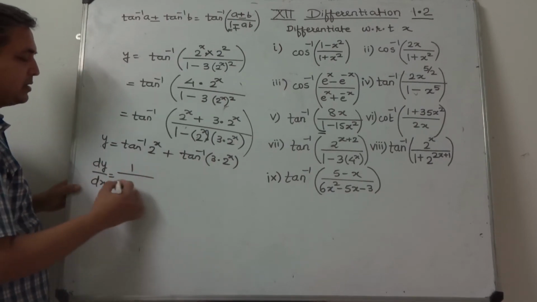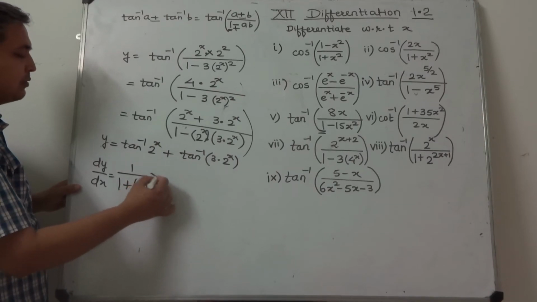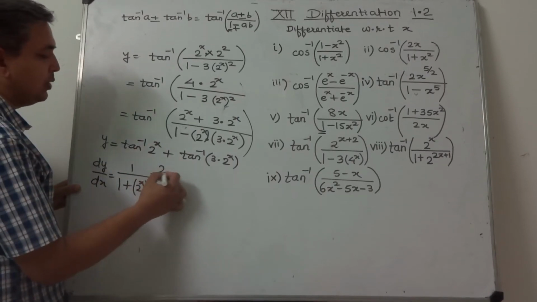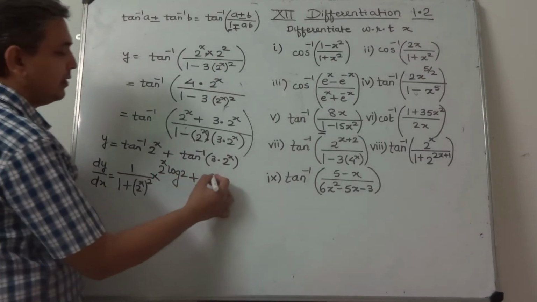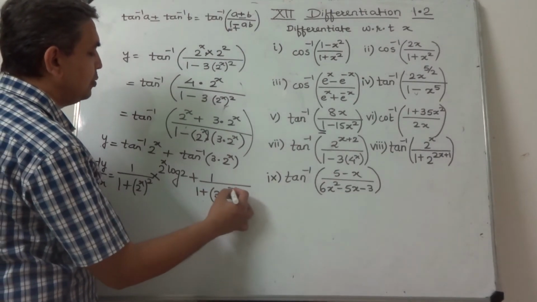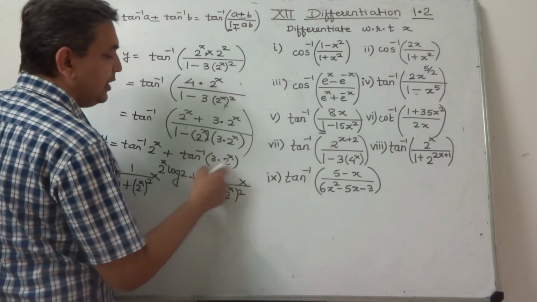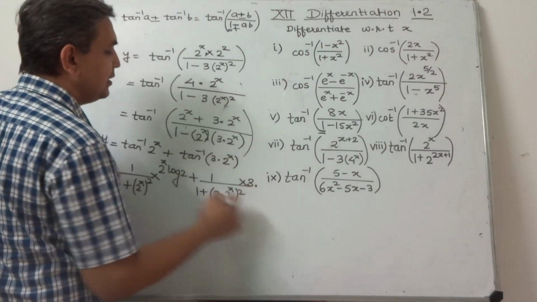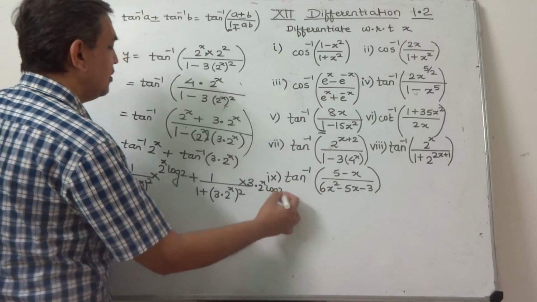Derivative of tan inverse is 1 upon 1 plus 2 raised to x whole square into derivative of 2 raised to x, which is 2 raised to x log 2, plus 1 upon 1 plus 3 times 2 raised to x whole square into derivative of 3 times 2 raised to x. 3 is constant, derivative of 2 raised to x is 2 raised to x log 2.